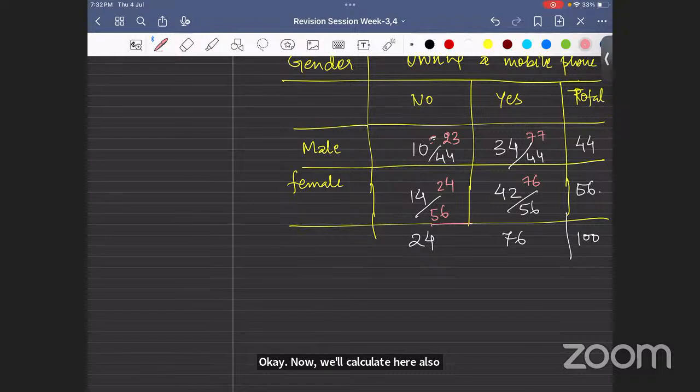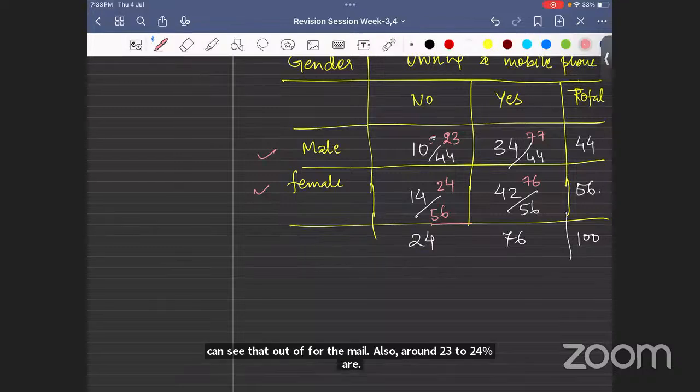So now we have calculated the row frequency, and you can see that wherever the information was given as male and female for some 100 observations, for the male also, around 23 to 24% are not owning the phone, and around 76 to 77% are owning the phone.